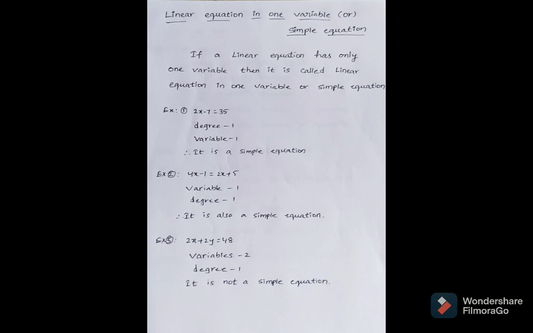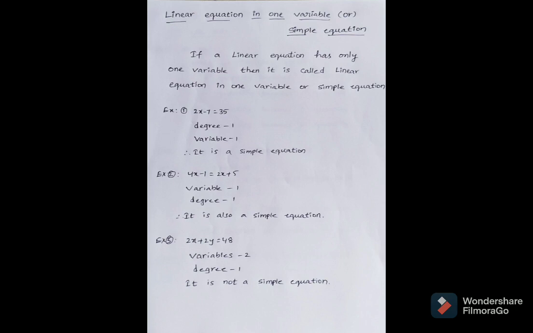Let us see an example. 2x minus 7 equal to 35. In this equation, 2x minus 7 is an expression. We know already. In this expression, x is a variable. How many variables are there? Number of variables is 1.